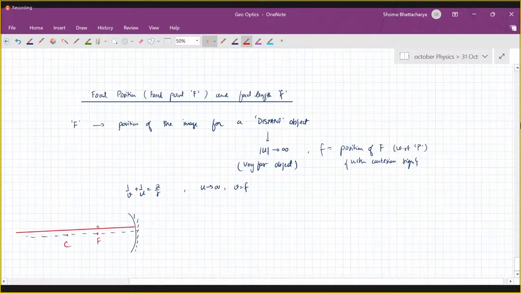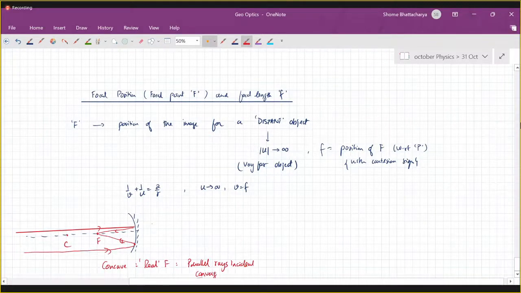So such rays after reflection converge to the focal point. So concave mirror has a real focal point such that parallel rays incident converge to the real focal point.